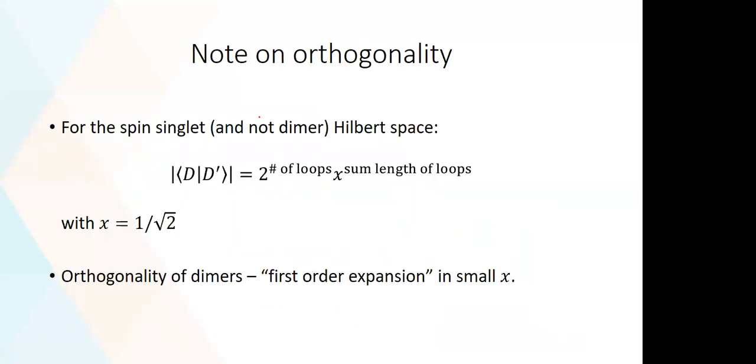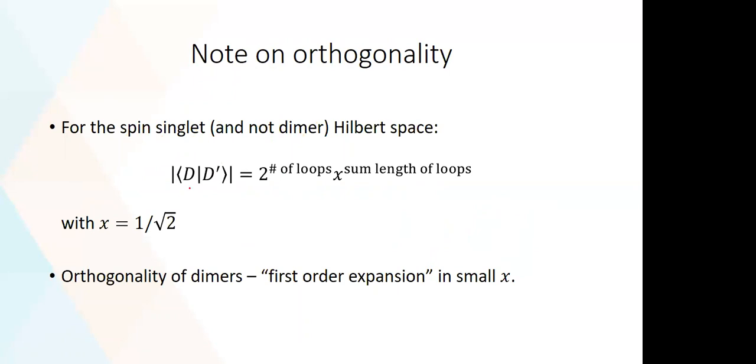Okay, so next, Asa, this is regarding your question about the orthogonality. If we don't treat the dimer configurations as orthogonal states, then we want to think of each dimer as a spin singlet formed by, let's say, two spin halves at the sites.